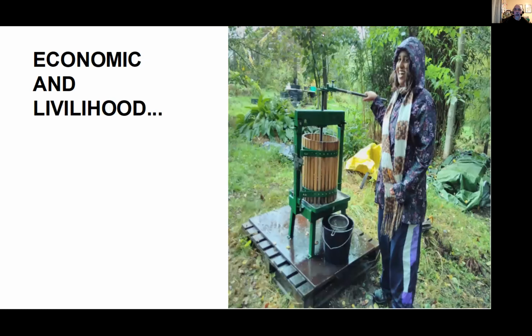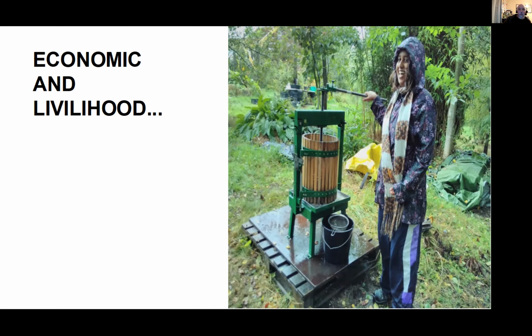Economic and livelihood. In addition to the obvious thing, if you're producing a surplus of fruit or whatever, that's something you might be able to sell, or there's all kinds of other products that can come from the forest garden. In this picture, we were doing apple pressing, which is quite a high value, premium product that you can sell locally.